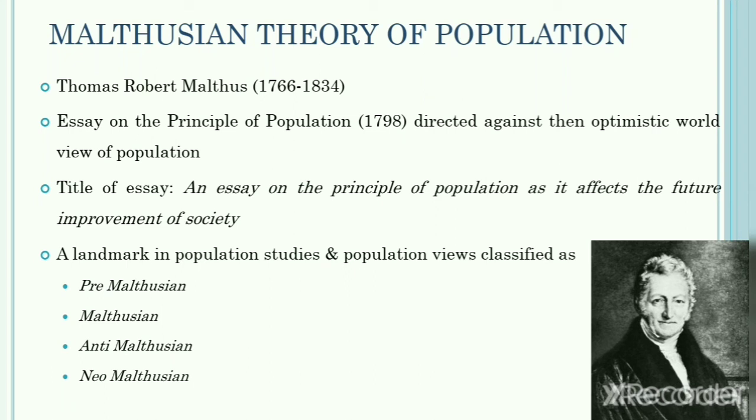Malthus' theory made a landmark in the population studies, and the population views were thereafter classified as pre-Malthusian, Malthusian, anti-Malthusian, and neo-Malthusian. Malthus published his second edition in the year 1803 and produced several additional editions until the 6th in 1826 after collecting the relevant statistical data from North America.